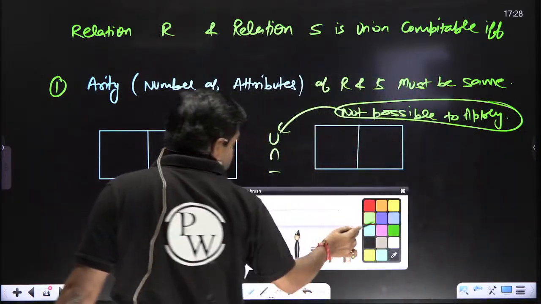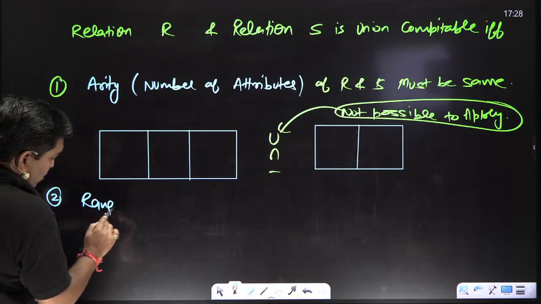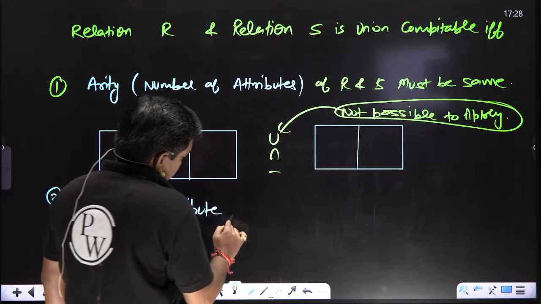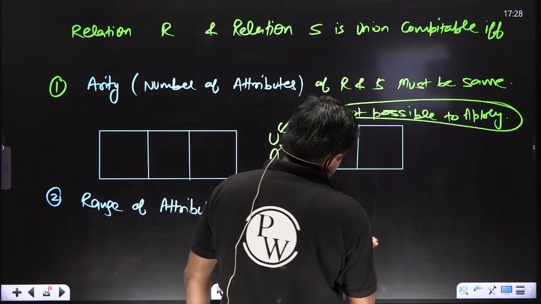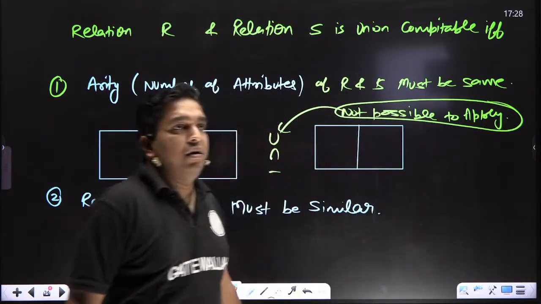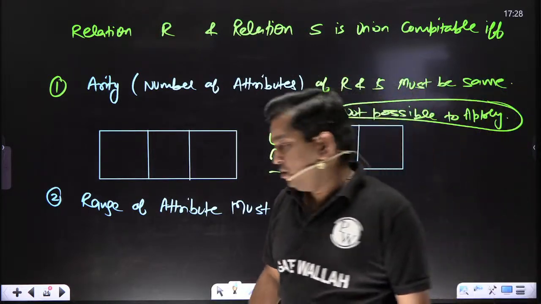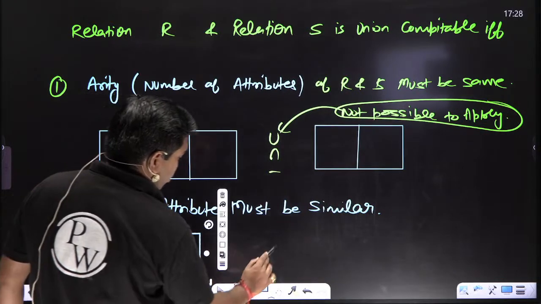Second point, the range of attribute, the domain, must be similar. Range of attribute means what?